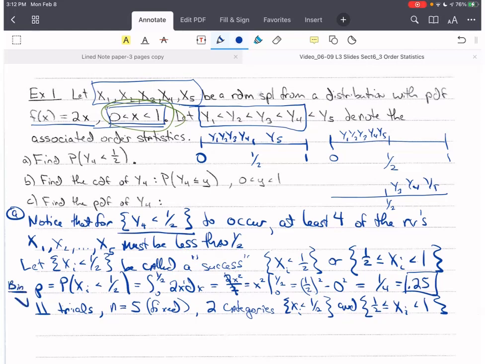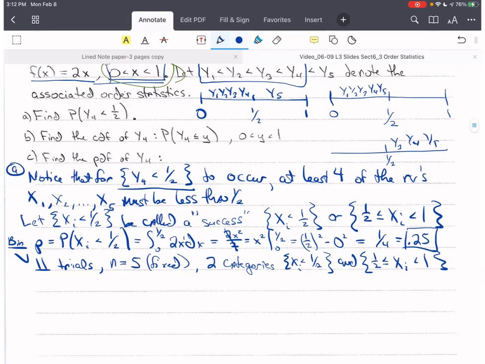All right. So again, we said that in order for y4 to be less than 1/2, there's two ways that we can do this: y5 not less than 1/2, or y5 less than 1/2.